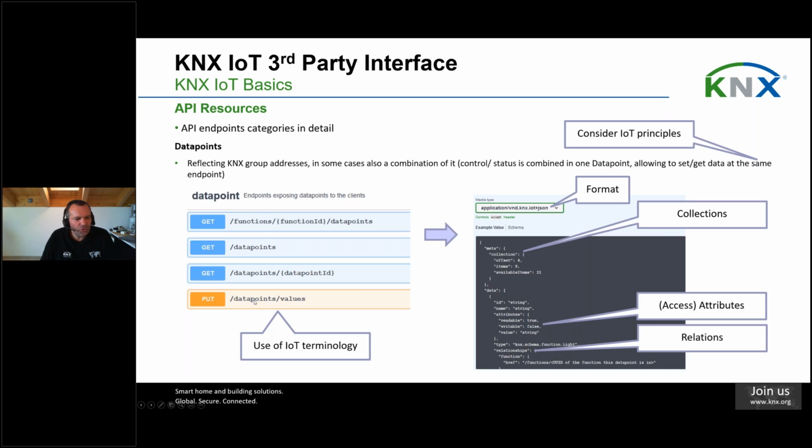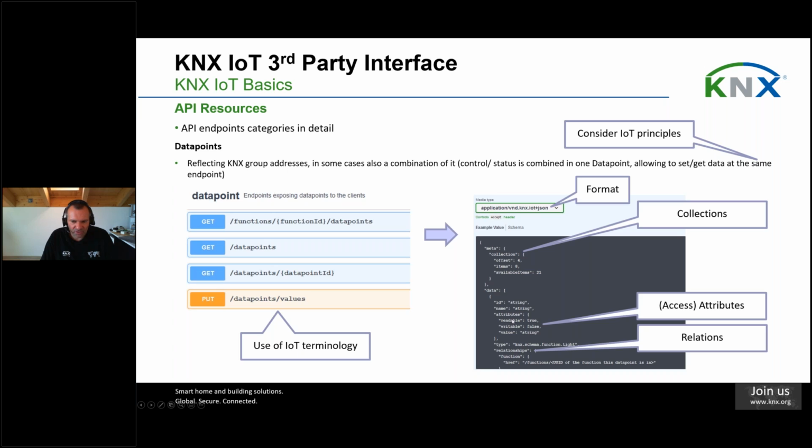Here I remind you, data point is IoT terminology. It's not a terminology chosen by KNX to address developers from an IoT environment. Behind the data points, we have a format well known to such developers, having collections where you can feed the response when somebody asks: give me a list of all data points.